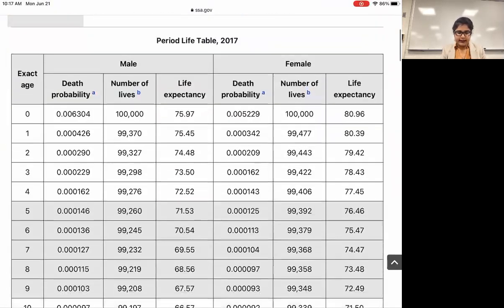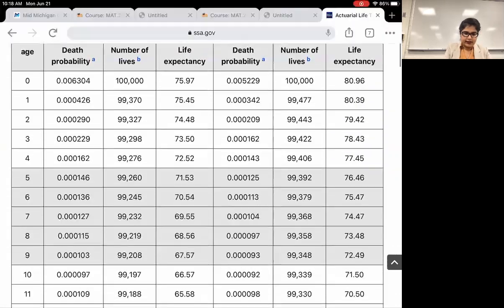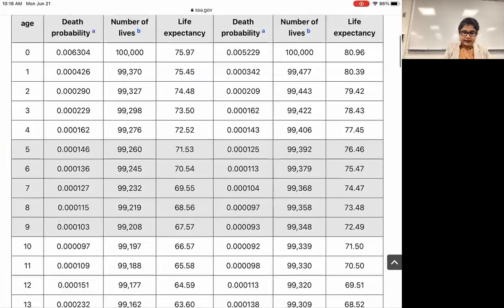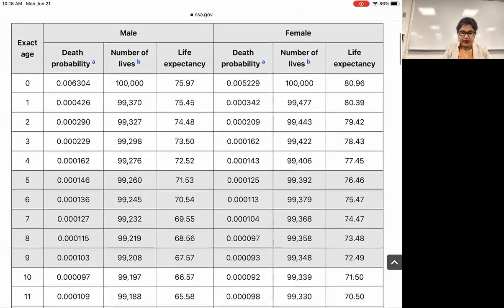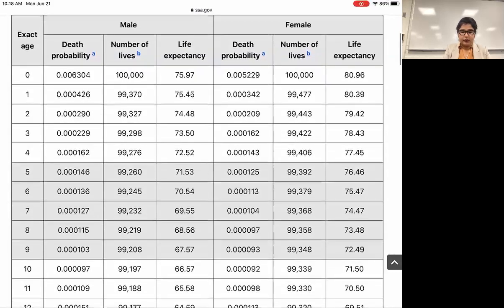In this table, we have male and female, and these are all the ages on the left: 0, 1, 2, 3. On the right side, death probability is listed.